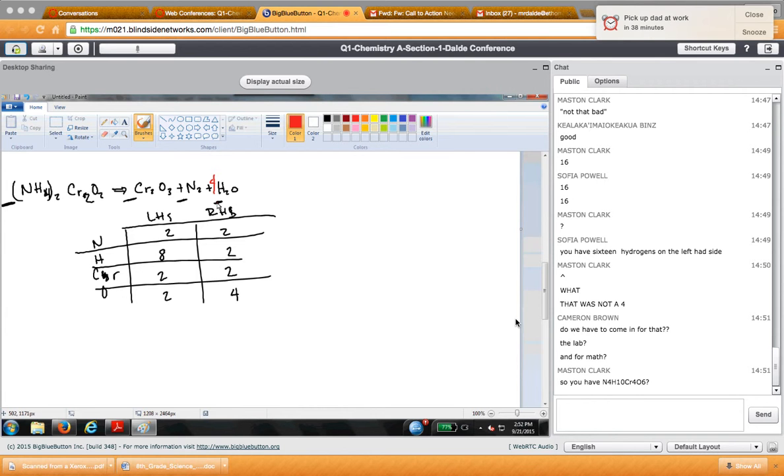Because if I put a 4 in front of the H2O, that means on the right-hand side I would now have 8 hydrogens. Are we cool? But I'm also going to mess with my oxygens. I will now have 7 oxygens. Well, that's a problem.